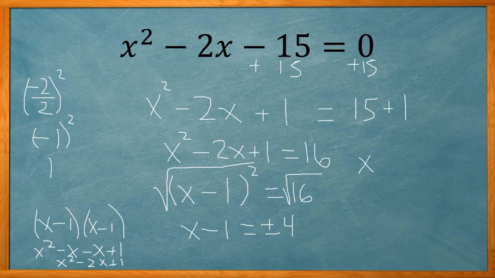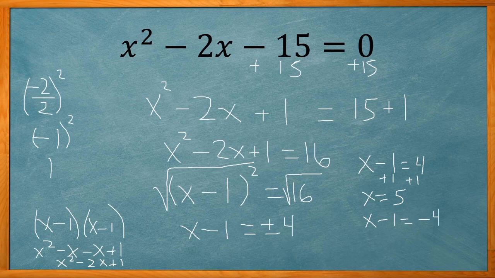First I take x minus 1 equals positive 4. I'm going to add 1 to both sides, so x equals 5. Then I take the other one, x minus 1 equals negative 4.